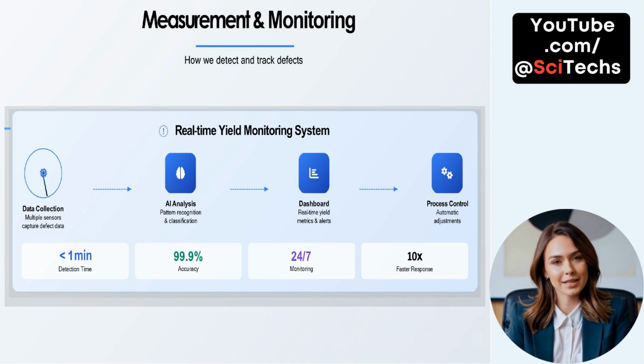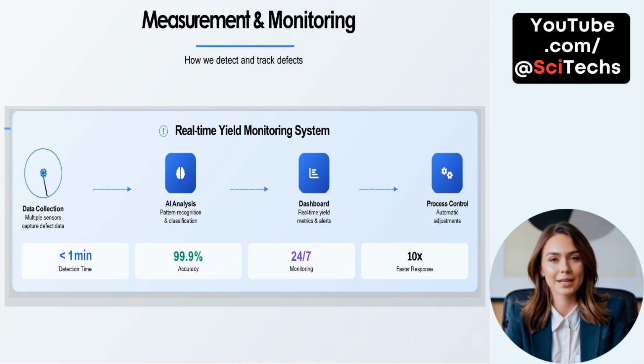The captured data is then fed into AI analysis engines that perform pattern recognition and classification, offering an impressive 99.9% accuracy. Next, the analyzed results are displayed in a centralized dashboard. This dashboard provides real-time yield metrics and alerts for immediate awareness.